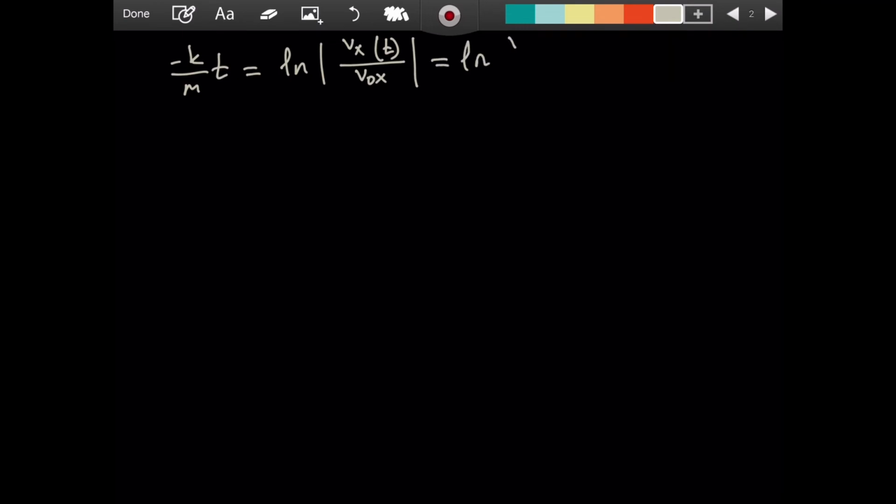We have ln of vx of t divided by v0 x. Alright, so far so good. Also notice one thing, v0 x cannot be 0. In that case, we would be dividing by 0.